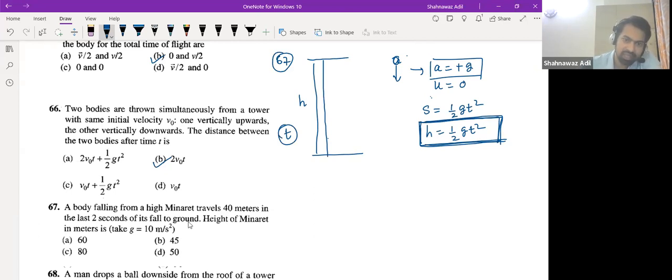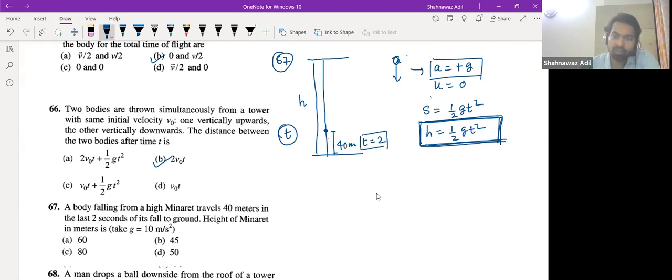It says that it travels 40 meters in the last 2 seconds, right? So let's say the object is here and it travels how much distance? 40 meters, right? And the time is how much? 2 seconds, right?